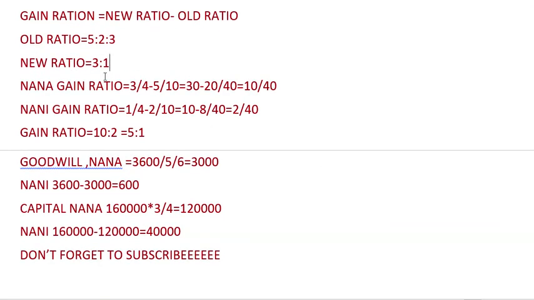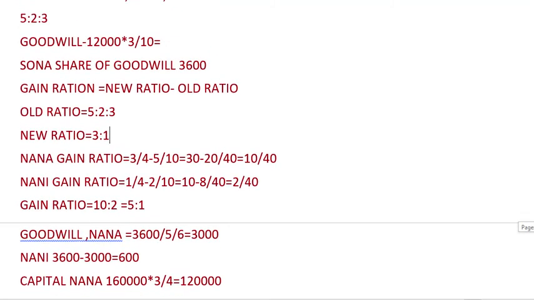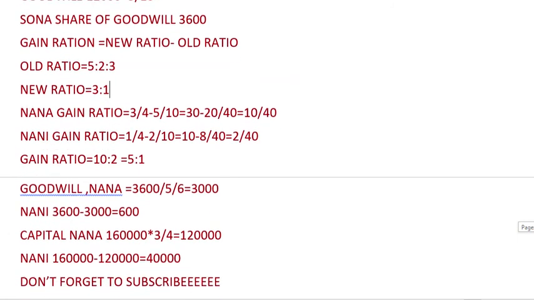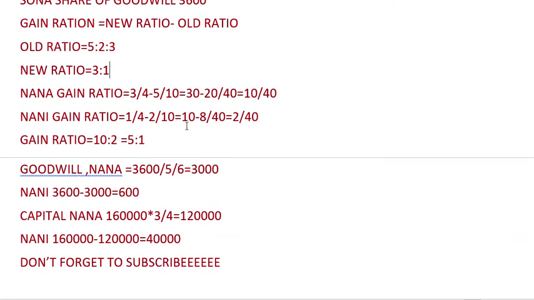So Nana's gain ratio, as per the formula, is new ratio minus old ratio. New ratio of Nana is 3 divided by 4. From where did I get this 4? New ratio 3 plus 1 is 4.